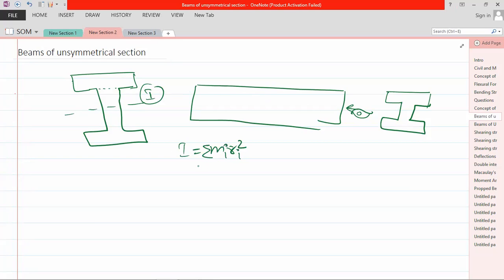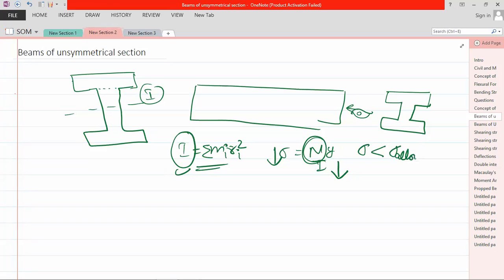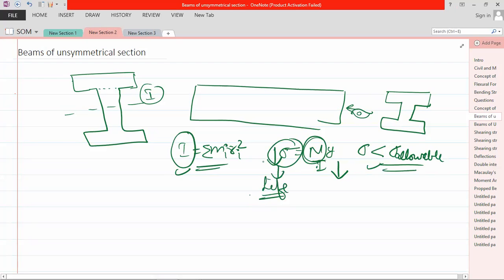So if the mass is distributed away from the center, it will increase the I. Now sigma is equal to M y by I. For a given moment, if you increase the I, the bending stress will decrease, and then it will be below the allowable limit. So why do we want to increase the I? So that we decrease the bending stress, and if we decrease the bending stress, the life of the material would be longer.